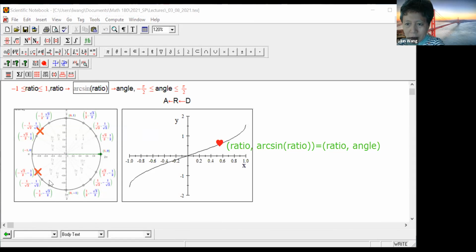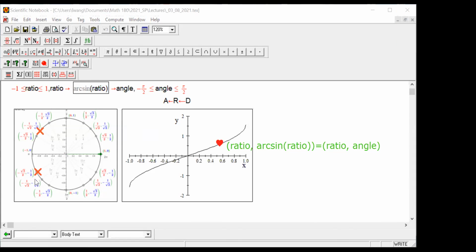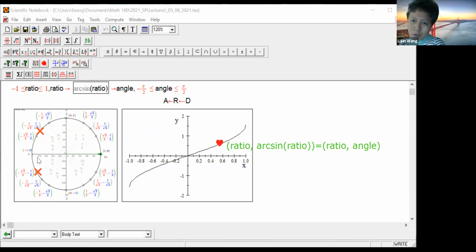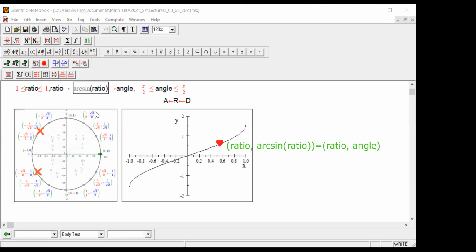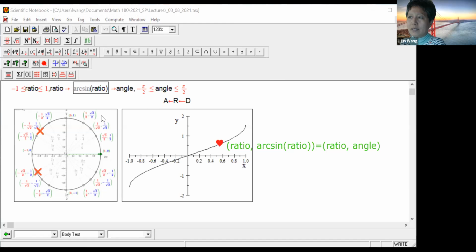You follow me? So these pieces are chopped off. You don't need it. When you work with arc sine, you will be given the ratio and then you look for the angle. That's how it works on DRA. So it's still DRA.